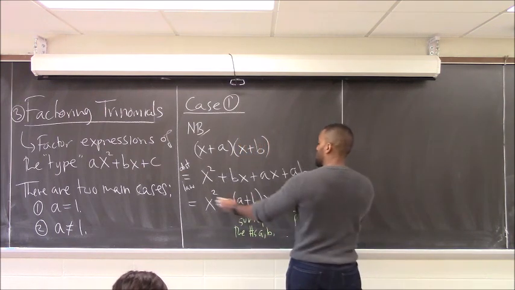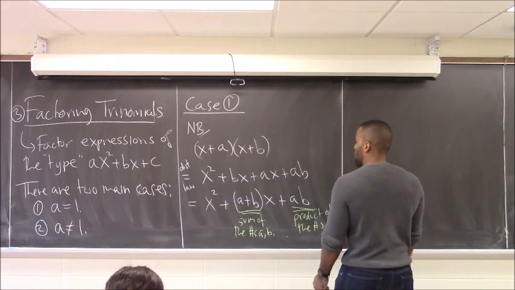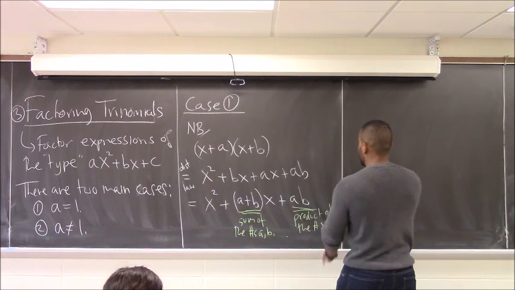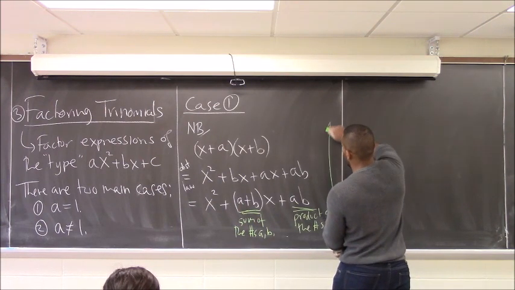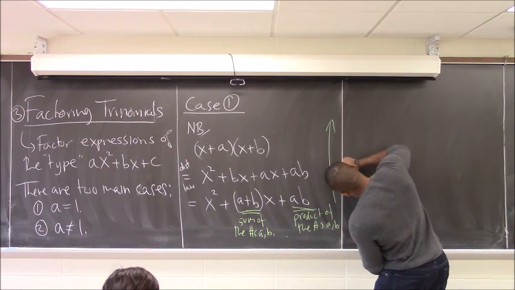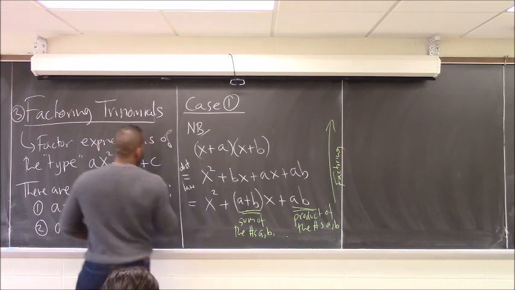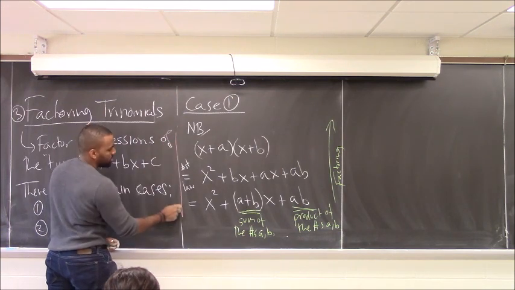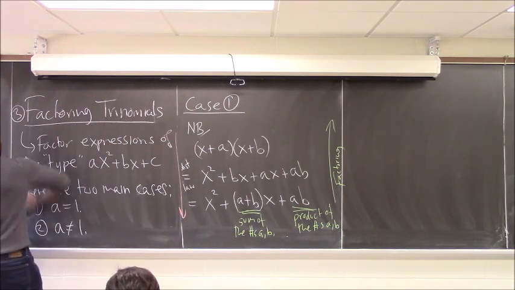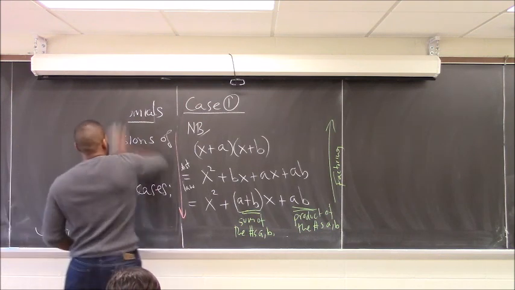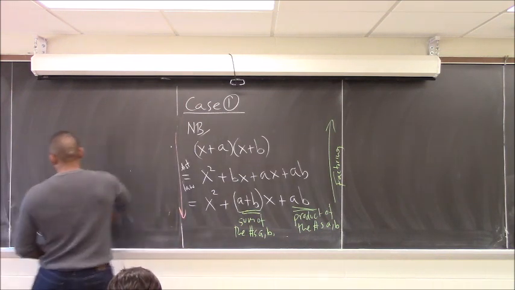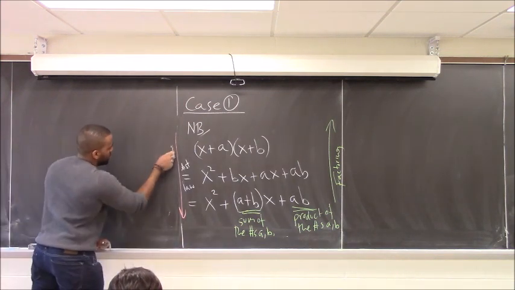So if you see a situation like this, one way to try to factor it, and factor means you're going from this situation up, remember that's factoring, and expanding is going from this situation down. It's expanding.